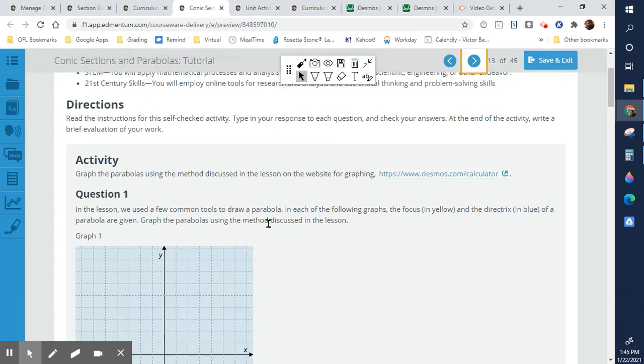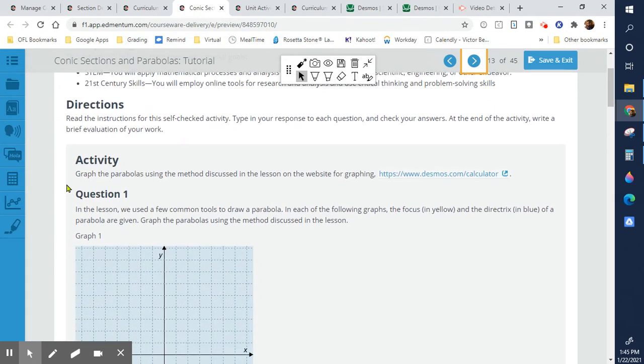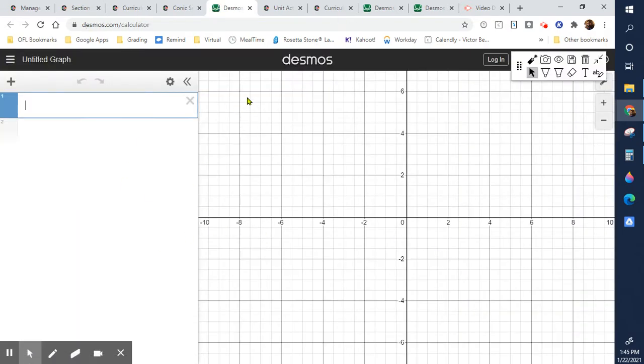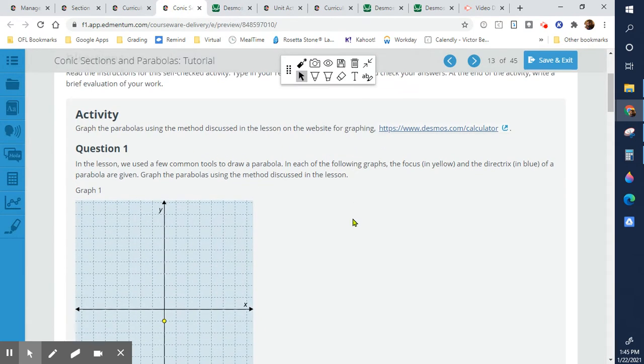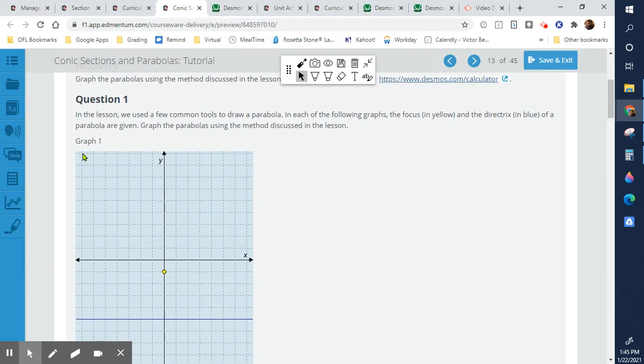So let's talk about this activity. We're going to graph parabolas using the method discussed on this website. I don't know why it's using this. So we're going to use Desmos to graph whatever parabola they talk about.